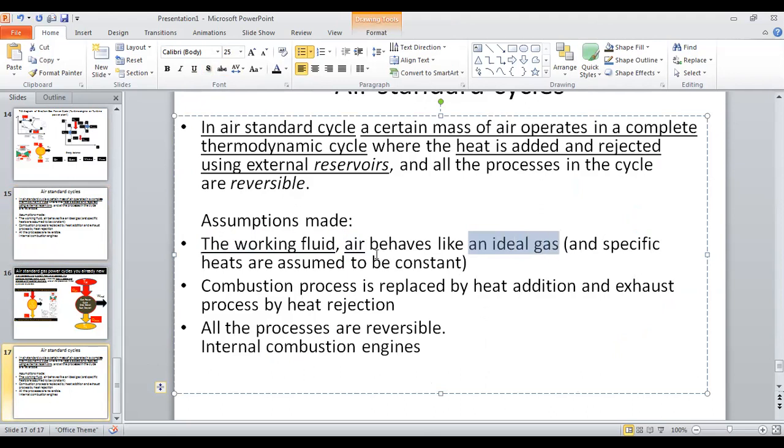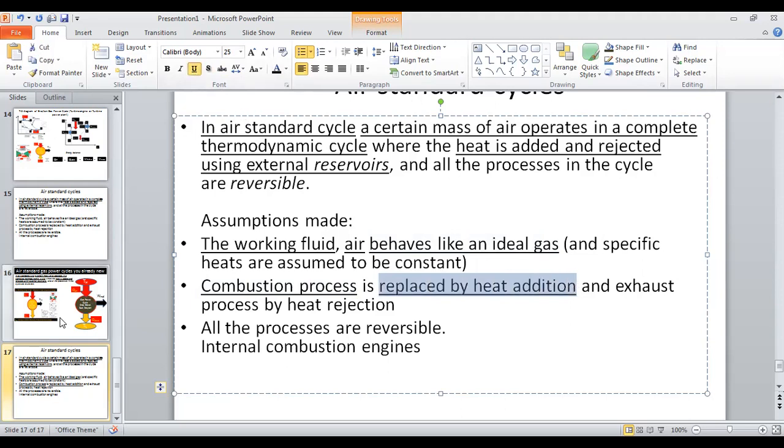Ideal gas means that the ideal gas laws I mentioned to you earlier, PV equals nRT, apply. So combustion is replaced by heat addition. In all the four cycles, we consider combustion, which is replaced by heat addition.